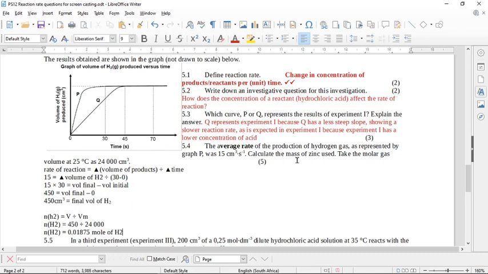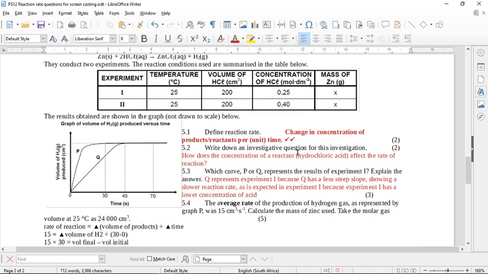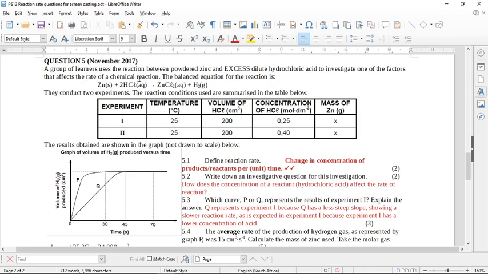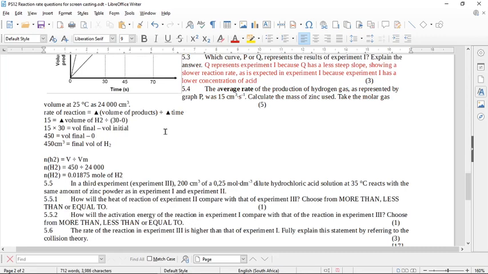Did we get asked to find the hydrogen? No, we didn't. We got asked to find the mass of zinc. So we need to have a look here. The mass of zinc is not in the question. We need to have a look at the balanced equation here. So what is the relationship in the equation between hydrogen gas and zinc? They both have a coefficient of 1.